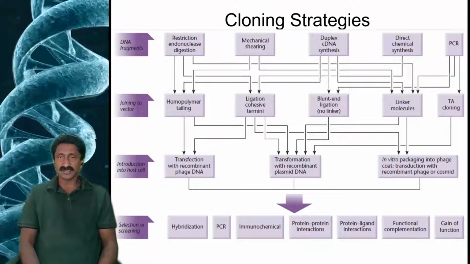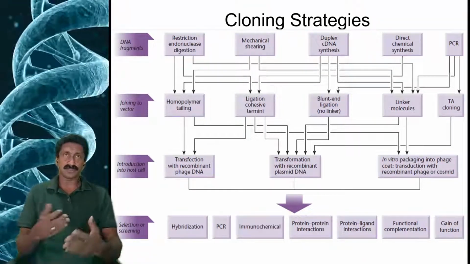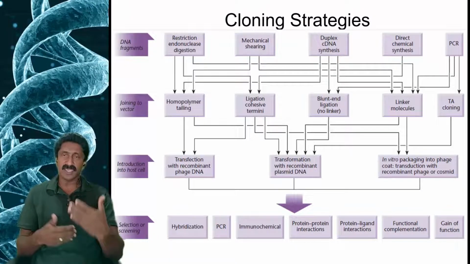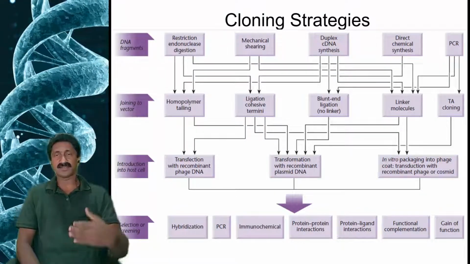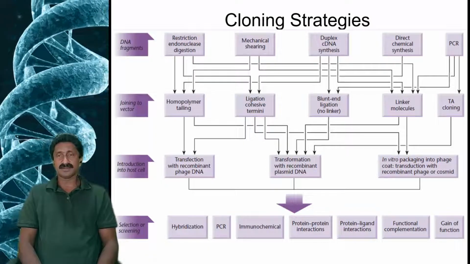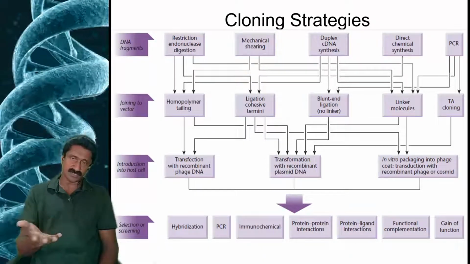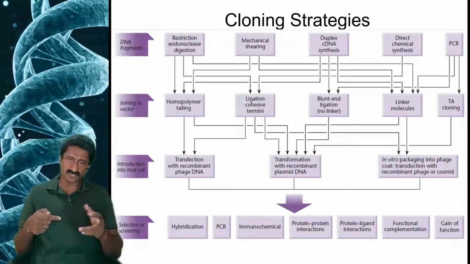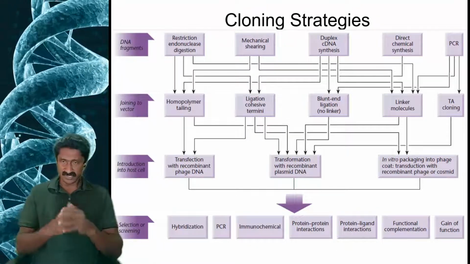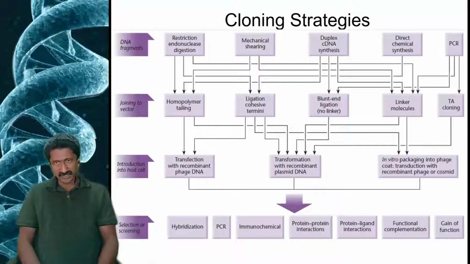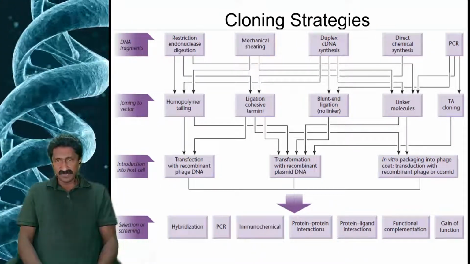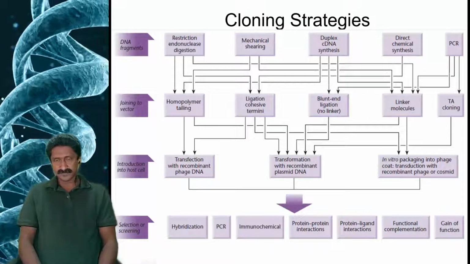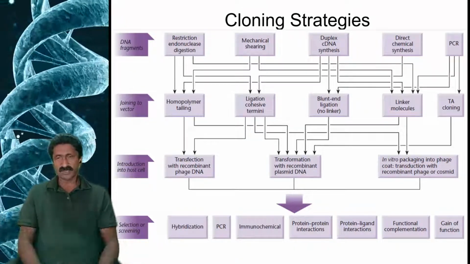Homopolymer tailing is like adding a poly A or poly T tail at the end of the DNA. Because all eukaryotic mRNAs have a poly A tail, and the complementary DNA produced from them will also have a poly A tail at the end. A poly A, poly T combination will be there.